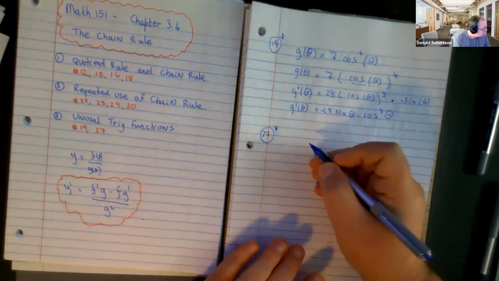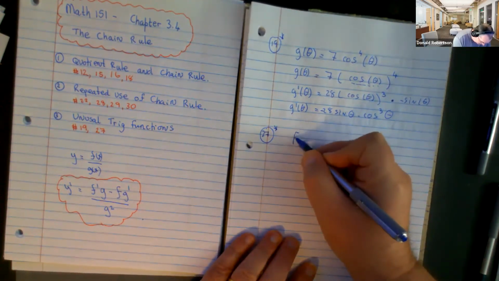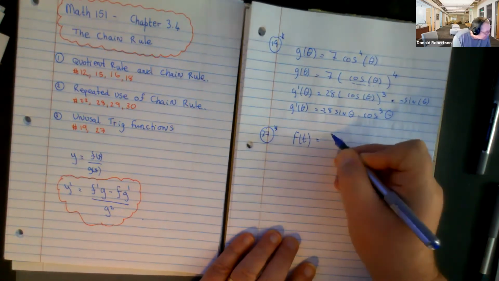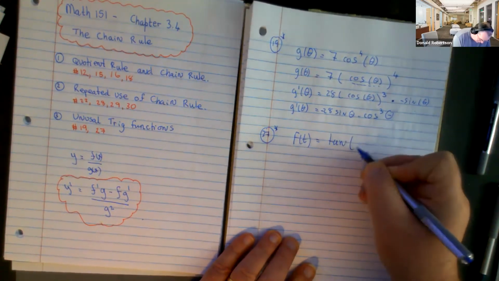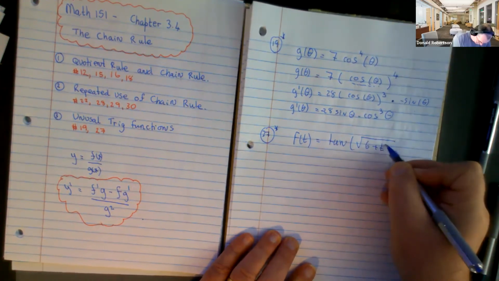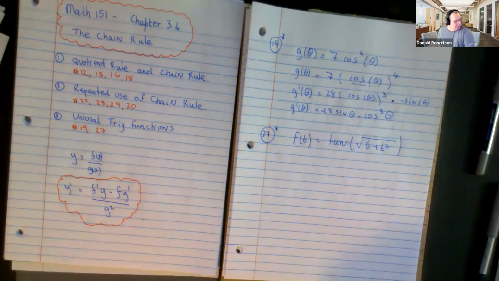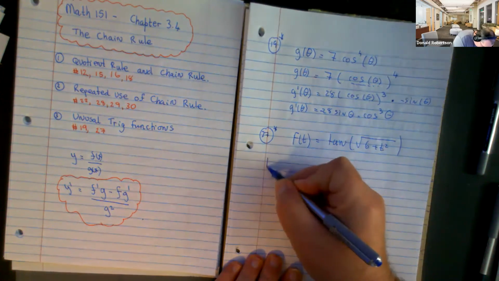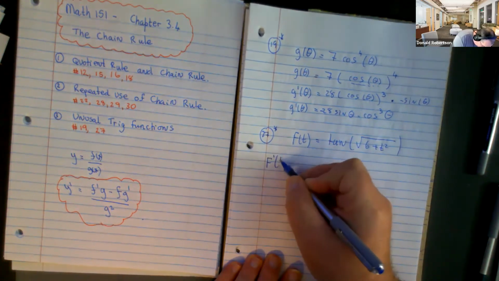Okay, so what we got here is the tangent of a square root of 6 plus t squared. Do you see a Russian doll question here? Because I see a function inside a function kind of thing. So take this one slowly.